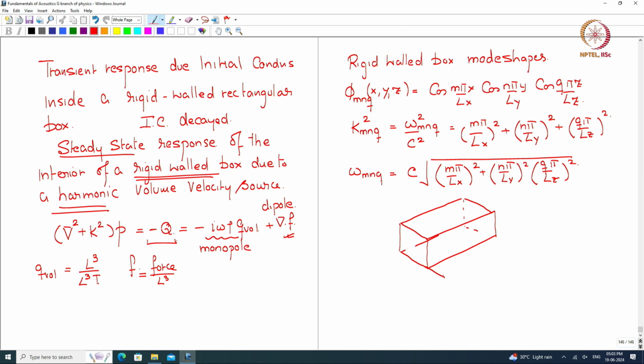Let me say this is my x, so Lx is the dimension, that's my y, so Ly is the dimension, and that is Lz. And there is some source somewhere in here which is harmonic.